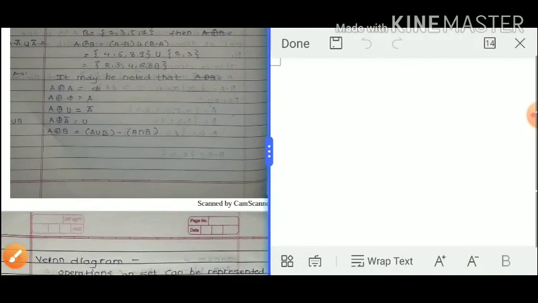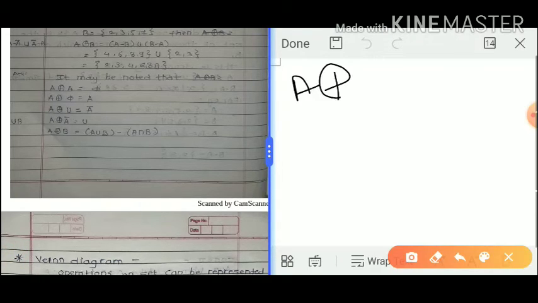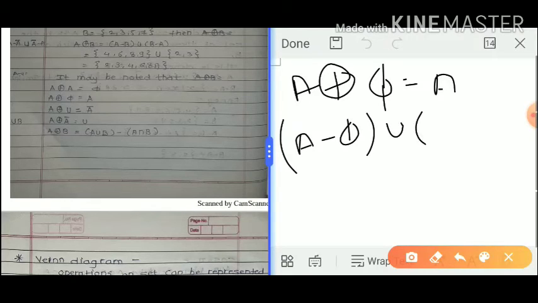Second, A symmetric difference phi equals A always, because A minus phi, first set, union phi minus A. Okay, so A minus phi is always the A set because all the elements are in A but not in the second set.